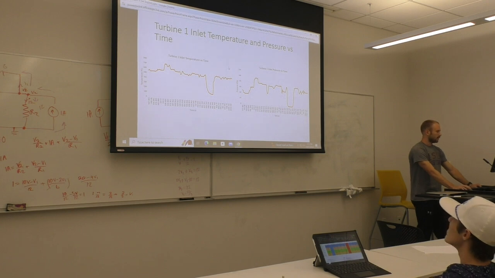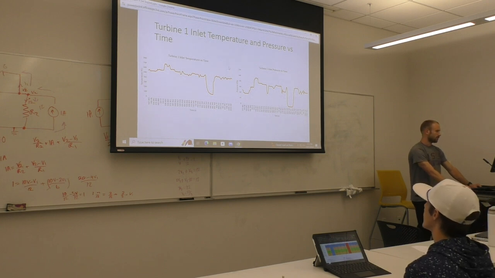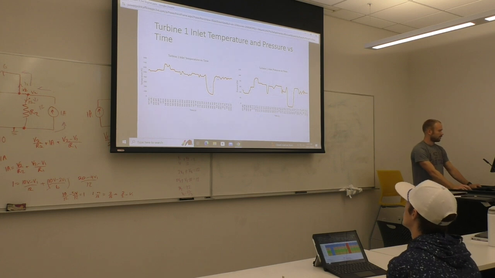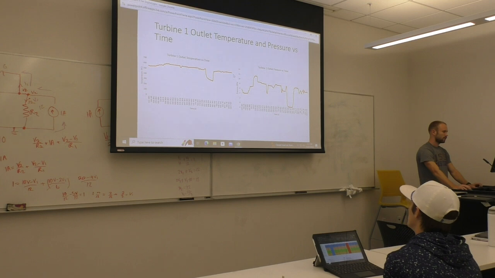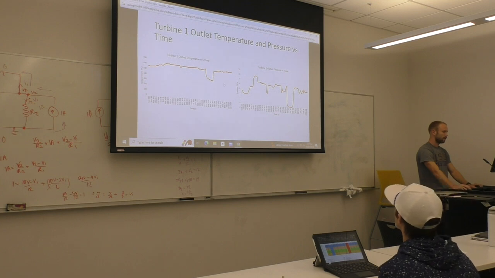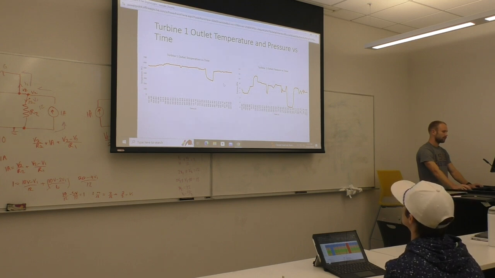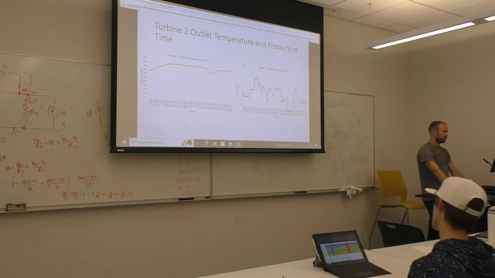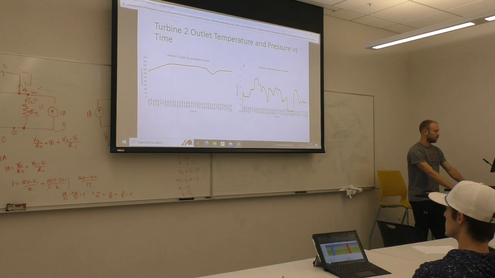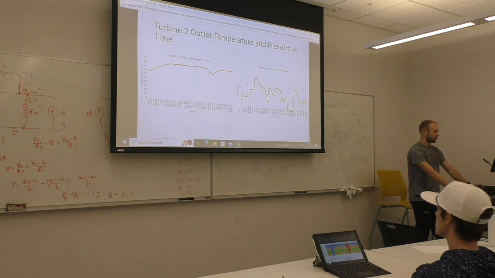State 3 is the turbine 1 inlet, with the temperature graph on the left and the pressure graph on the right. State 4 is the turbine 1 outlet with temperature on the left and pressure on the right. And state 5 is the turbine 2 outlet with temperature on the left and pressure on the right.